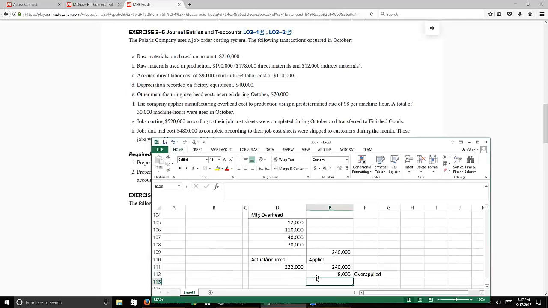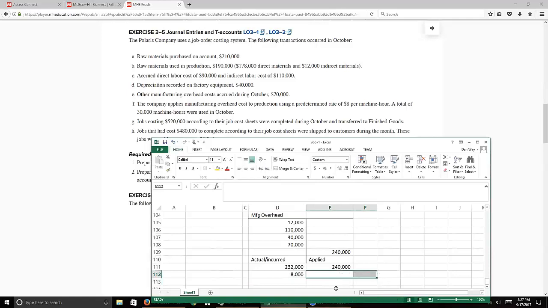And to a much earlier question we had that we promised we'd get back to at one point, to clean that up at the end of the period, what we need to do is say, well, what entry in overhead gets me to zero? In this case, I need an $8,000 debit to get my debits to equal my credits.